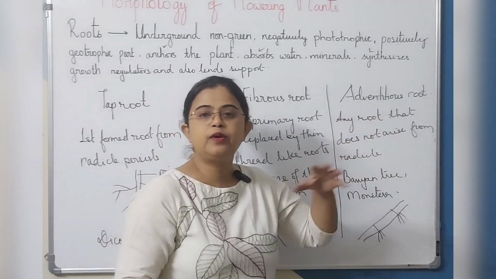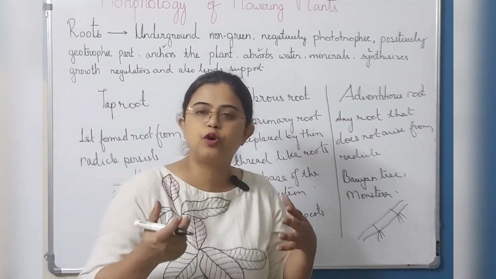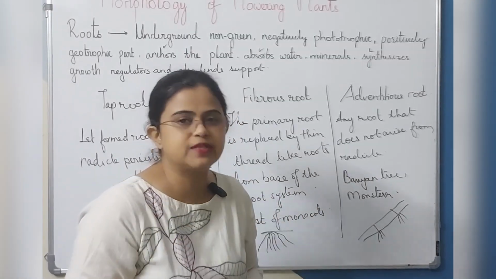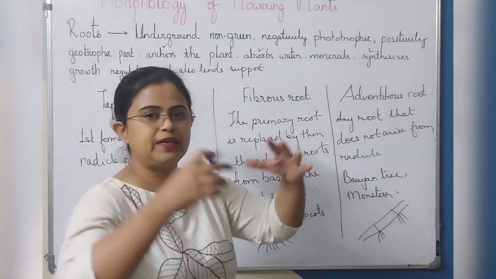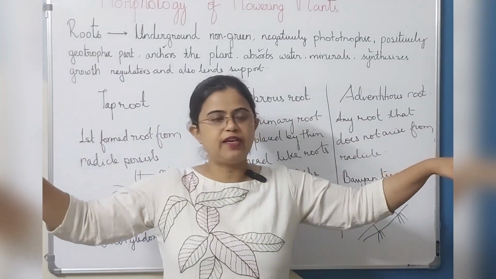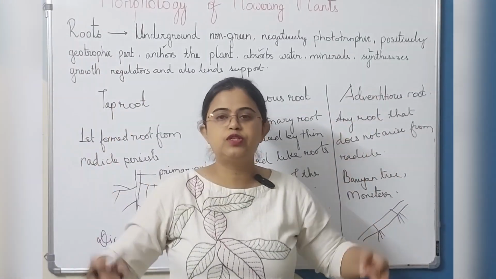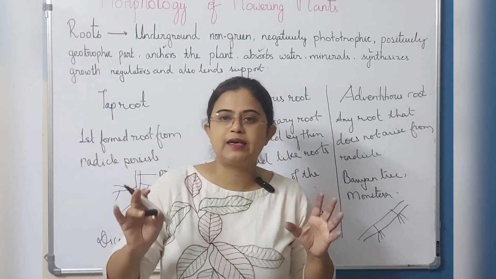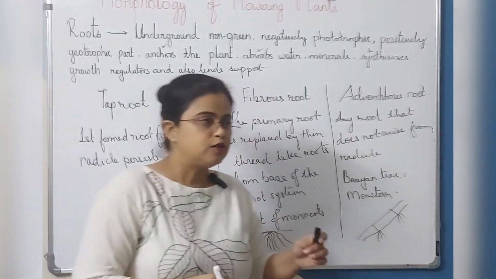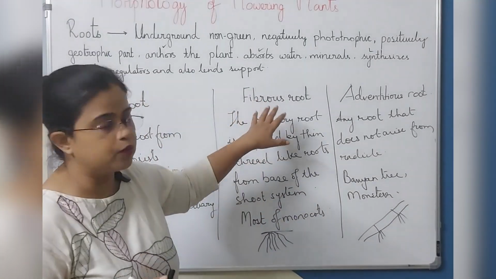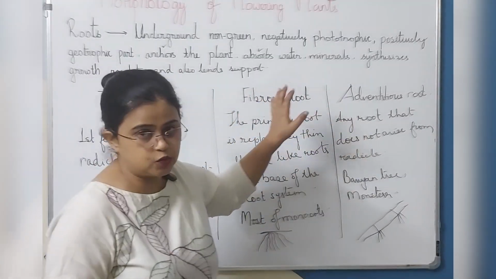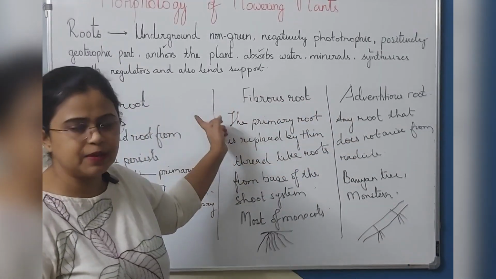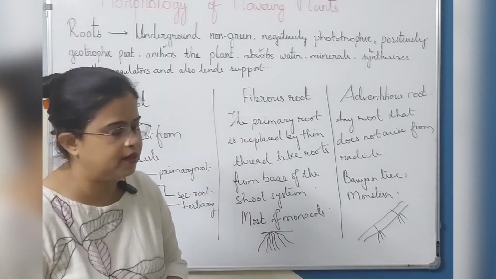Adventitious roots may come out from nodes or elsewhere and do some other function; they don't anchor the plant, they mostly support. In the banyan tree, the branches are very widespread, and the roots coming from above touch the ground, but they were not the first to anchor the plant. That is also a difference. So this argument can always go on, whether fibrous root is a type of adventitious root or not. Origin wise, yes, you can say, but function wise it has a similarity with the taproot.